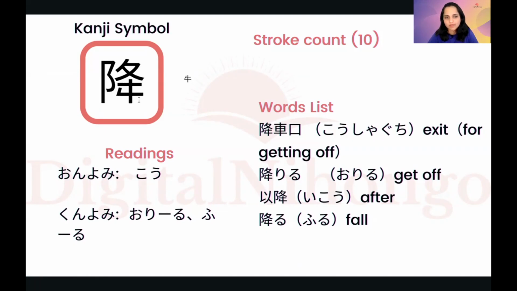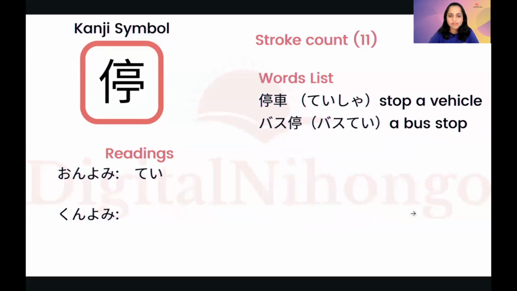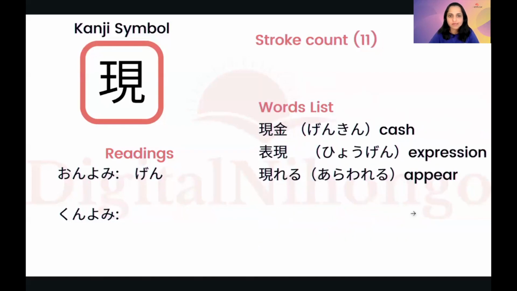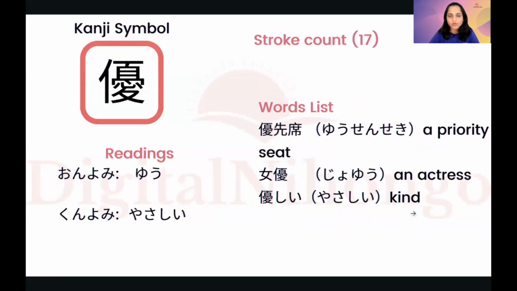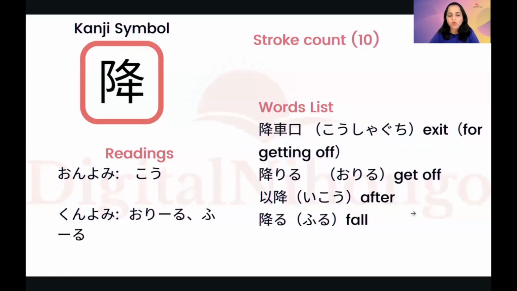So again, you can divide this into three parts, oriru or furu. We have seen te, sei, ken, gen, ryo, kaeru, yu or yasashi, za or suwaru, ko, oriru or furu.